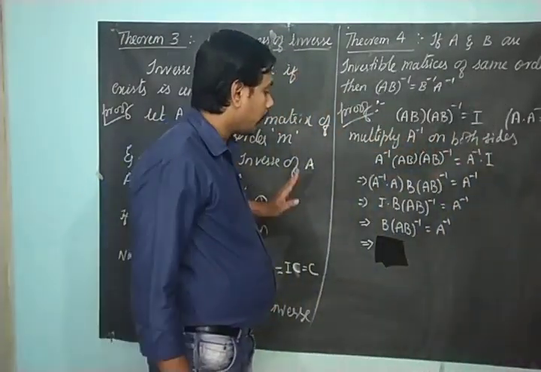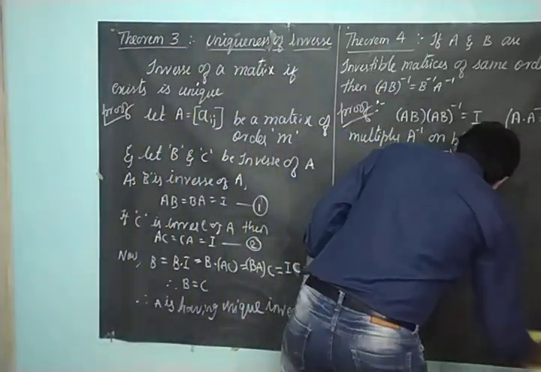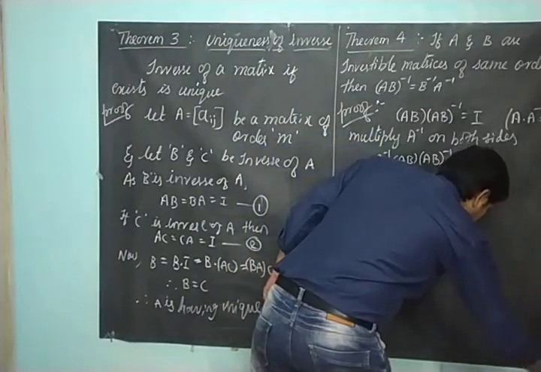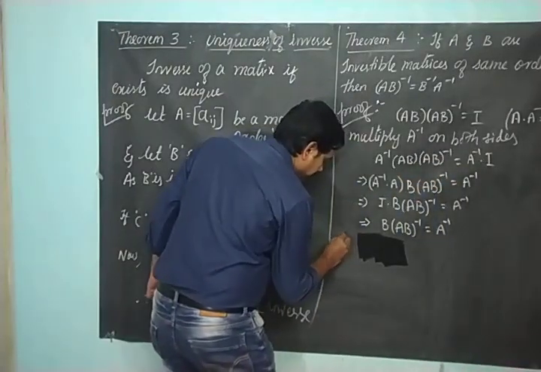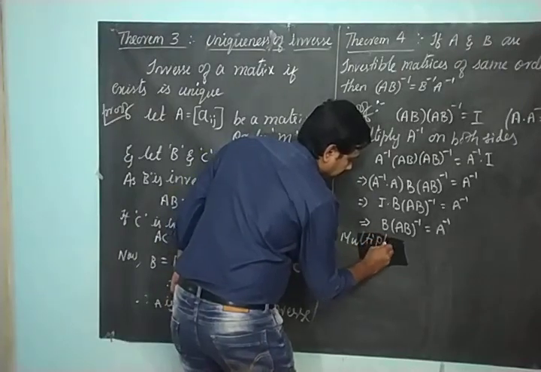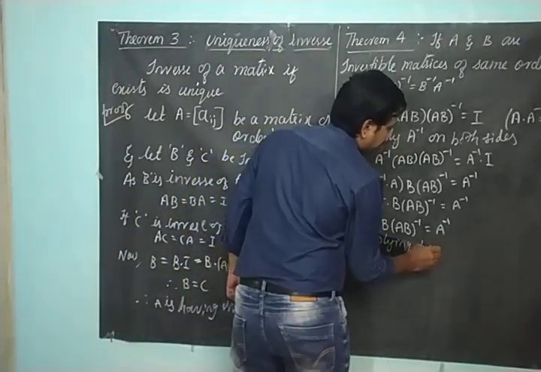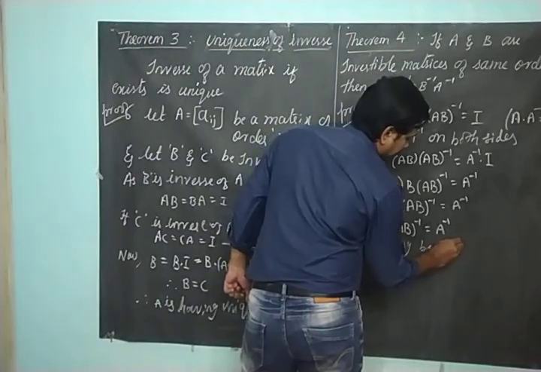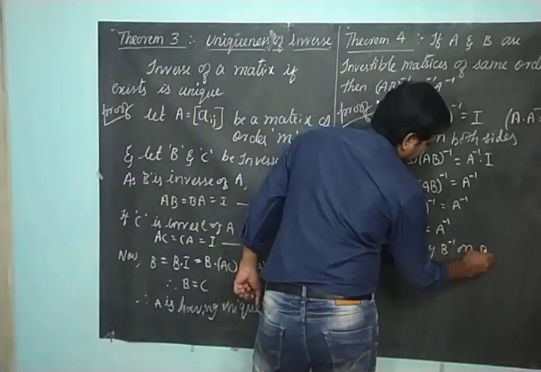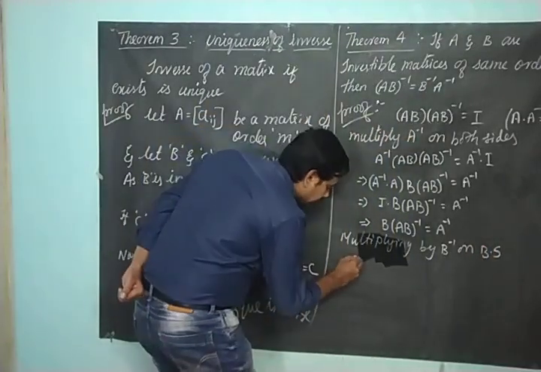Now multiply throughout by B inverse. On both sides, what do we get?